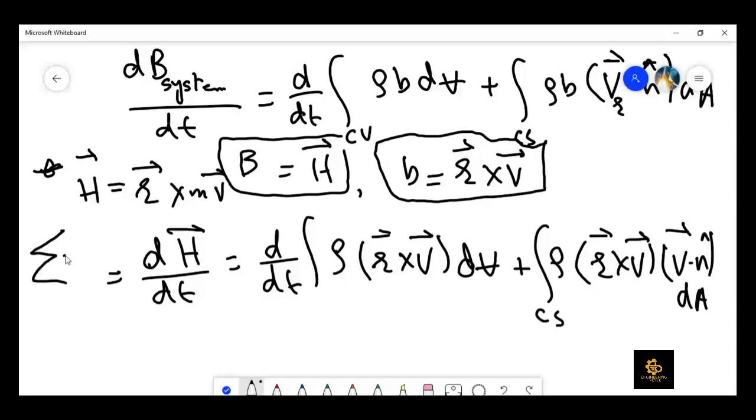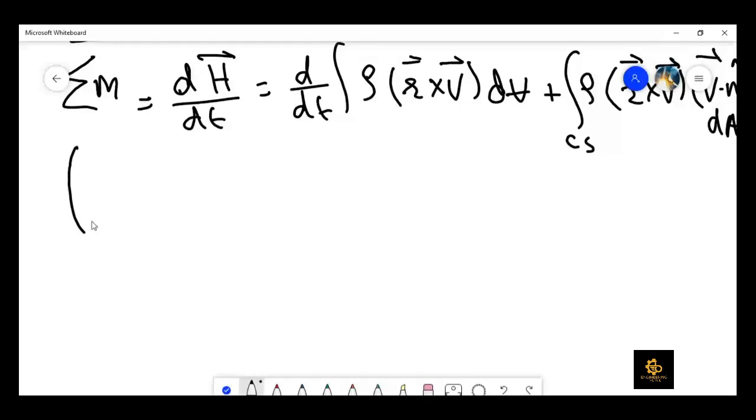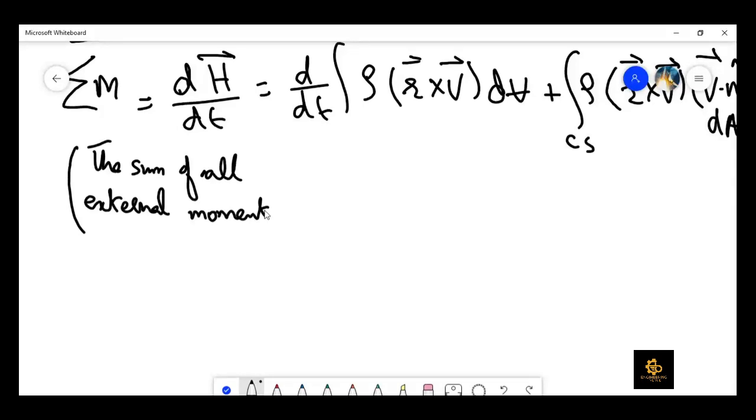So if we want to write this in physical terms, what does each term represent, we can say that the left hand side represents the sum of all external moments acting on the control volume, because we are talking about the instant when the system is coincident with the control volume. So this is the moment applied on that control volume, right?